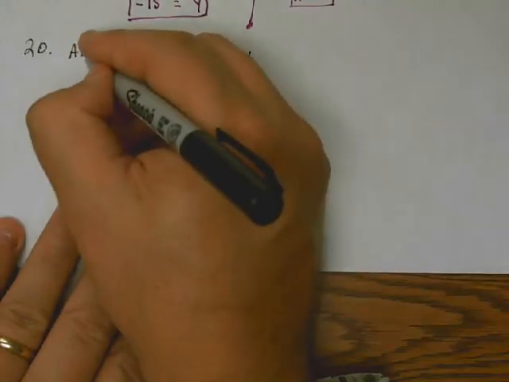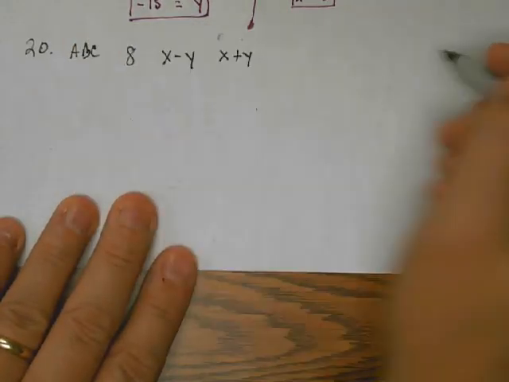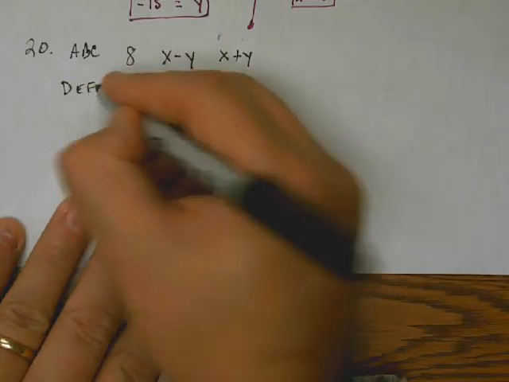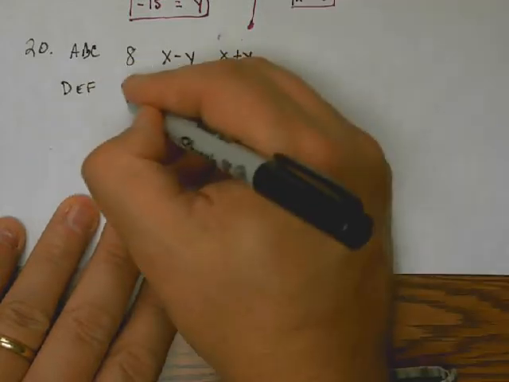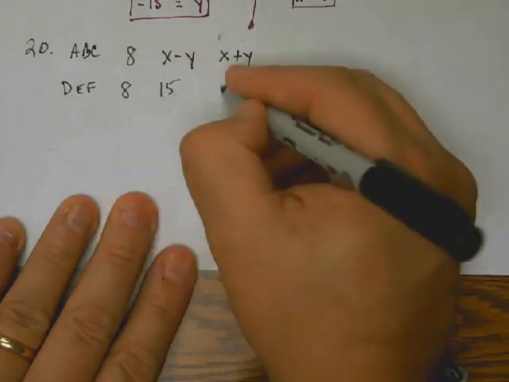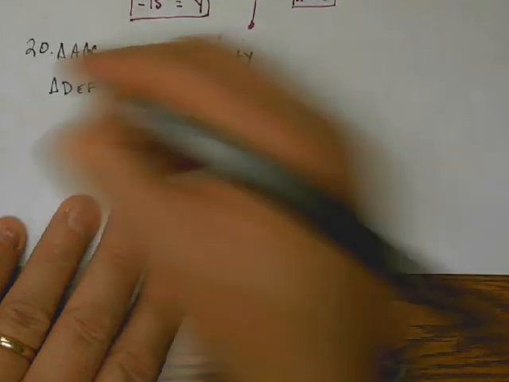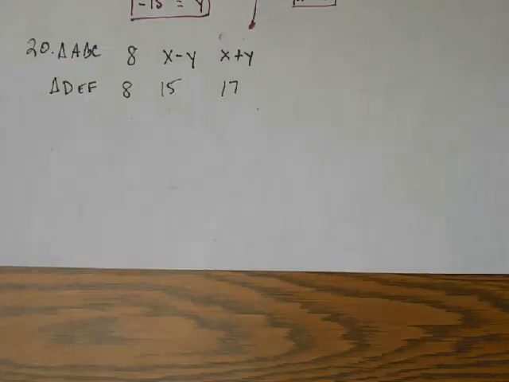Keep going. And the other, triangle DEF is 8, 15, and 17. Alrighty. So there's the scenario this time. Much better, Micah. Much better.